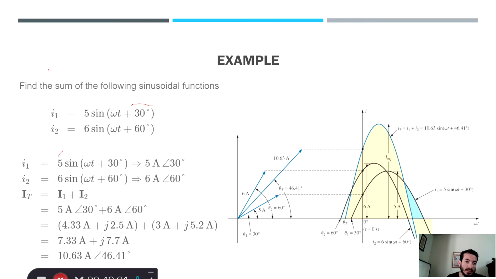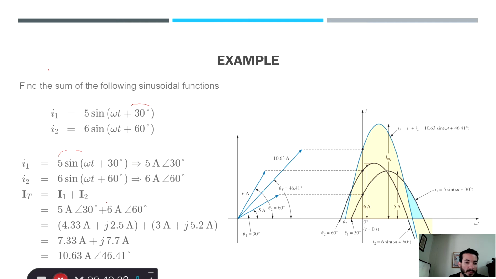If this is the magnitude of the amplitude, you can say, okay, 5 amps at 30 degrees and 6 amps at 60 degrees. You just basically add them together, as we saw.